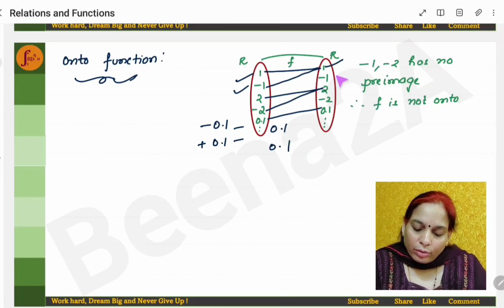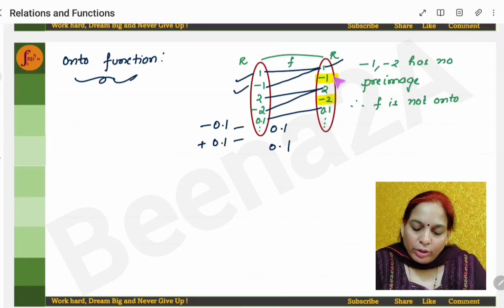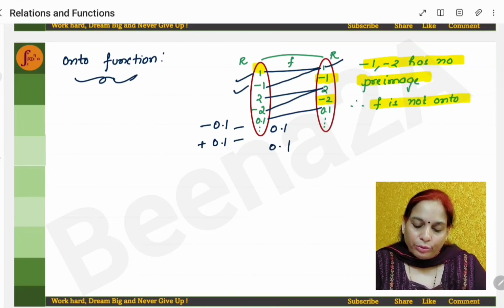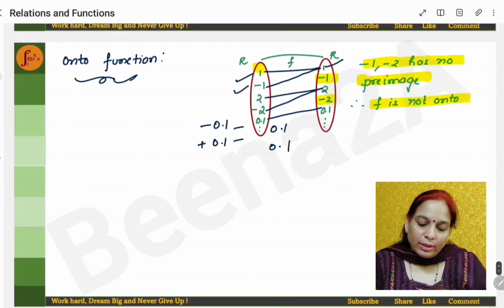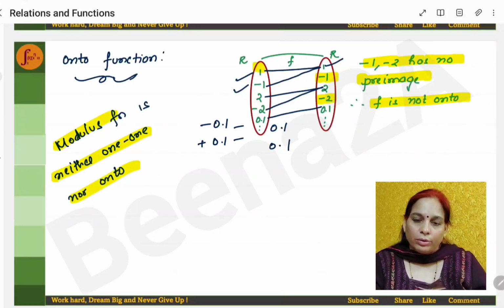Therefore, minus 1, minus 2, the negative numbers, don't have any pre-image. These negative numbers are not mapped to any element in this set. So minus 1, minus 2 have no pre-image, therefore f is not onto. So we have proven that the modulus function is neither 1 to 1 nor onto.